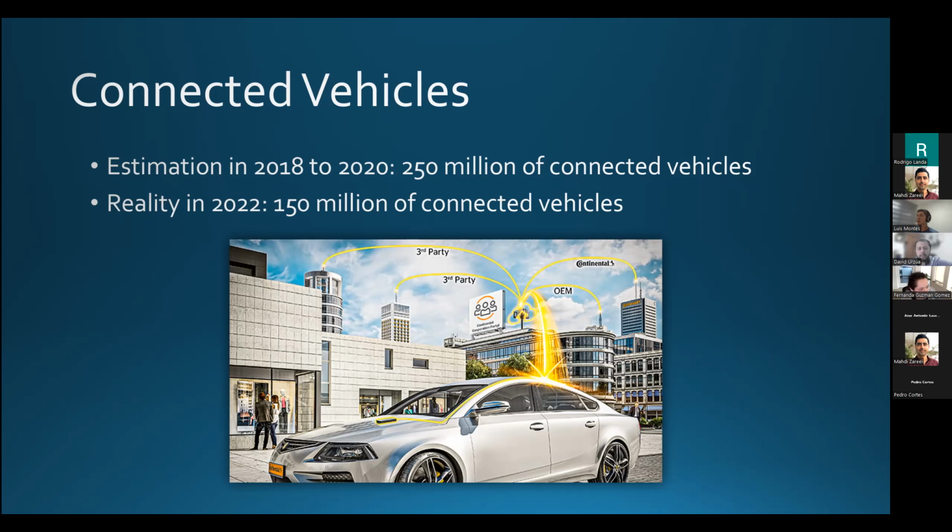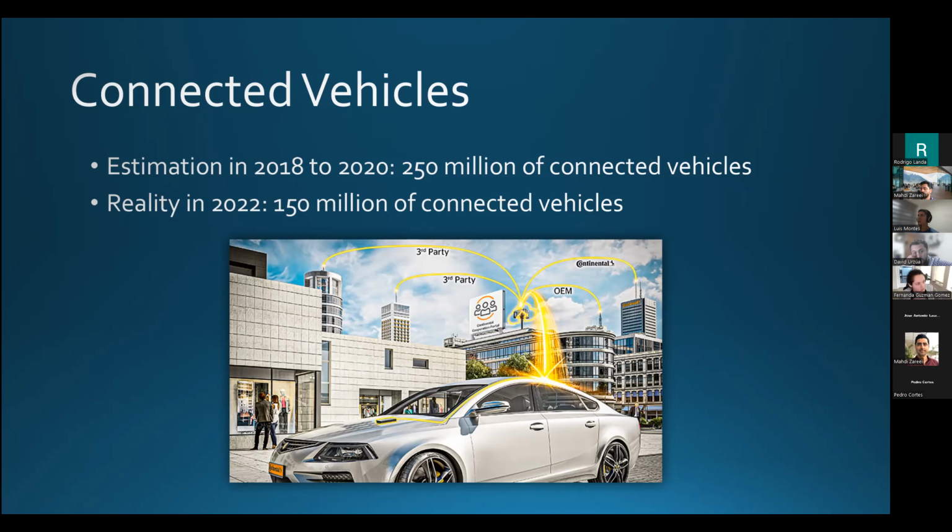There's an estimation in the paper, made in 2018, that in 2020 there would be 250 million connected vehicles. But in reality, in 2022, there are only 150 million connected vehicles.